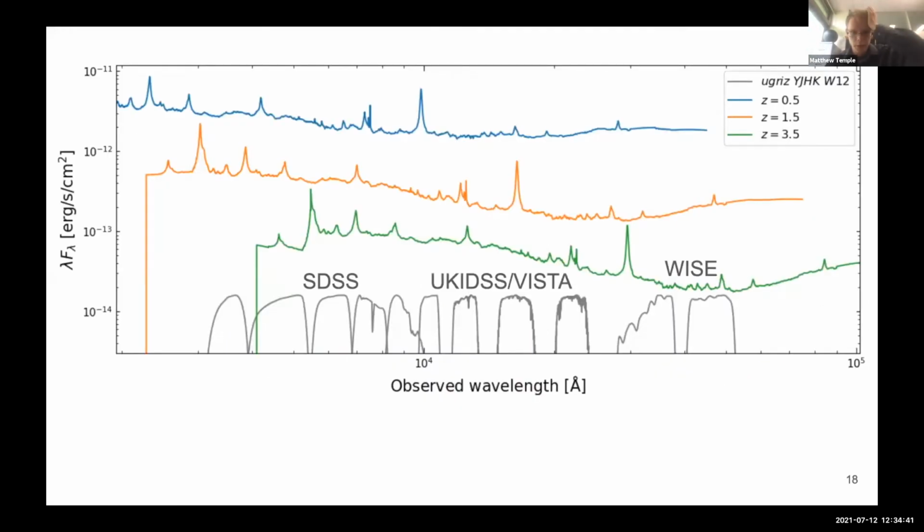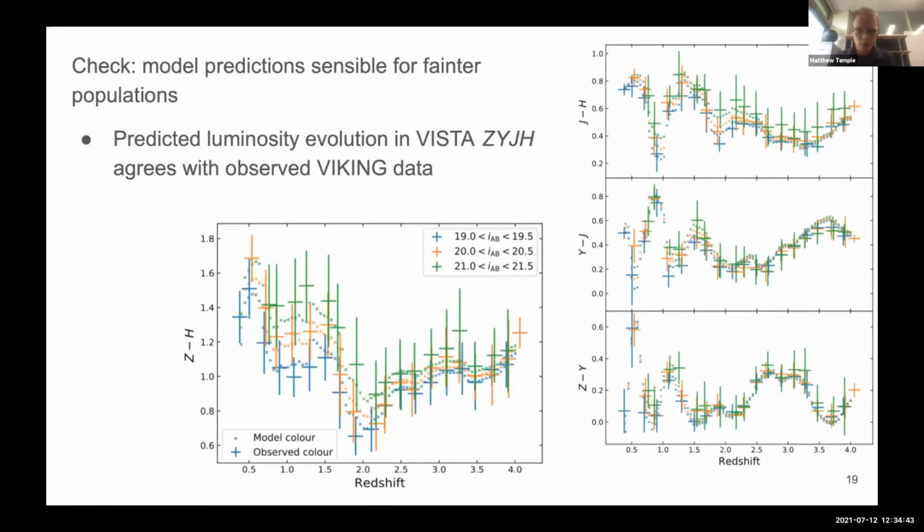So before we make predictions for LSST, we'd like to check that our calibrated model is doing sensible things. This is just a sanity check: taking our model and making predictions for known populations that haven't been used to constrain the model parameters, we still get sensible results. Here, again, the solid lines are showing observed data.